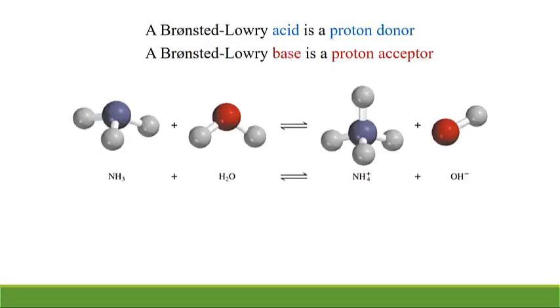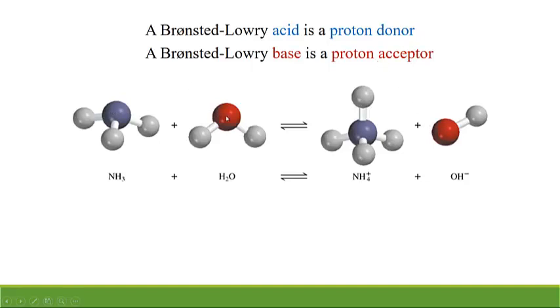So we can see here, in Brønsted-Lowry, an acid is a proton donor, which means it's going to give a proton. The base is going to accept it. So if we look at NH3 here, NH3 on the other side becomes NH4+. So it gained a proton. In this case, NH3 is our base. H2O changes over here to OH- because it gave up a hydrogen.